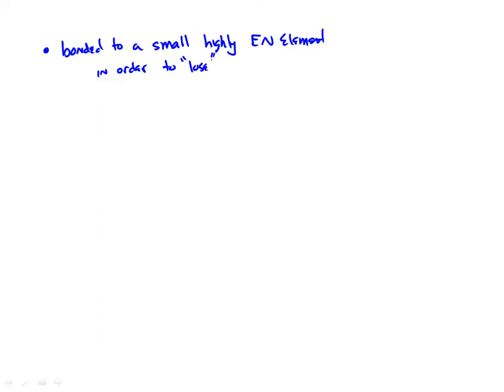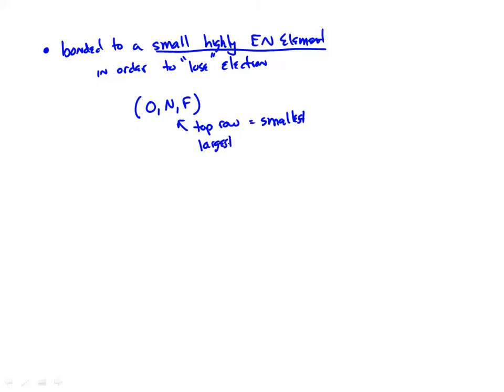It's not like an ionic bond, but in order to lose the electron to make a large dipole. Small, highly electronegative element really means that the only time it applies is oxygen, nitrogen, and fluorine, meaning these are all in the top row. That means they're the smallest. It also means they have the largest electronegativities.